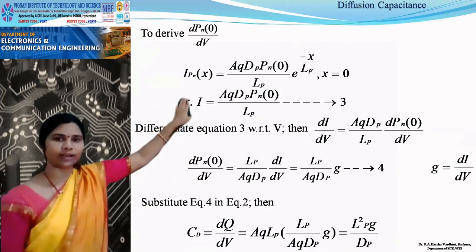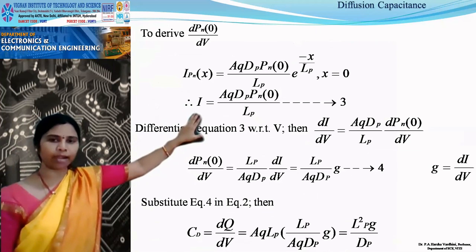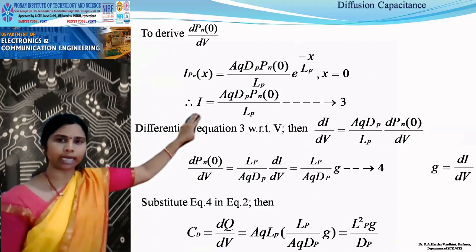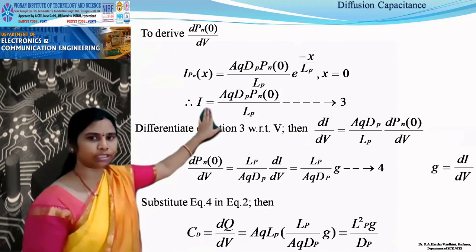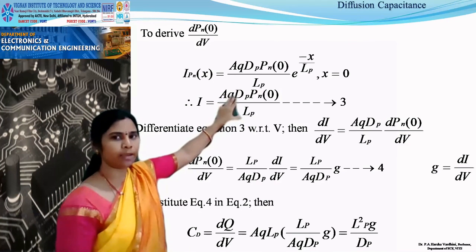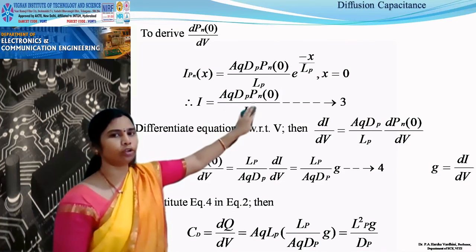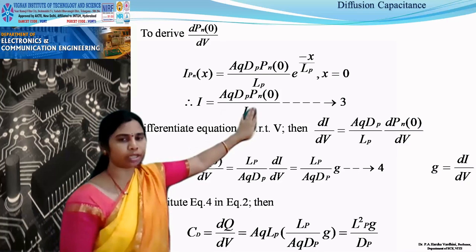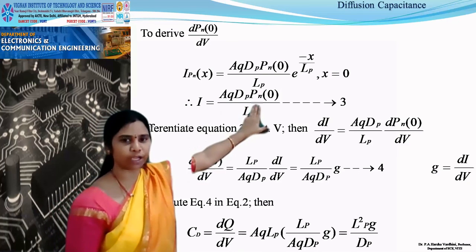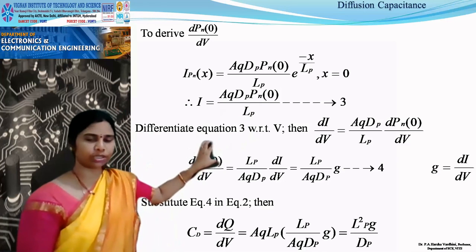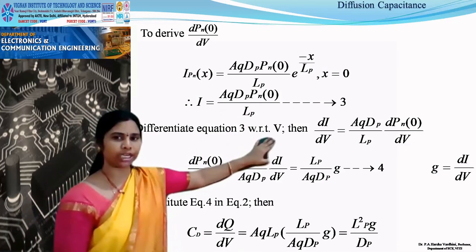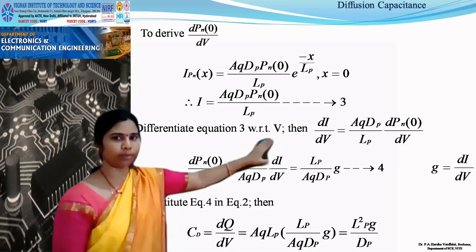Now, if I want this value at x equal to 0, I have taken the current value, and at x equal to 0 you can substitute it as AQ DP by LP. The leftover term is Pn of 0 into e to the power of minus x by LP. If x is equal to 0, then it is Pn of 0. Now this third equation, differentiate with respect to voltage. What will you get?